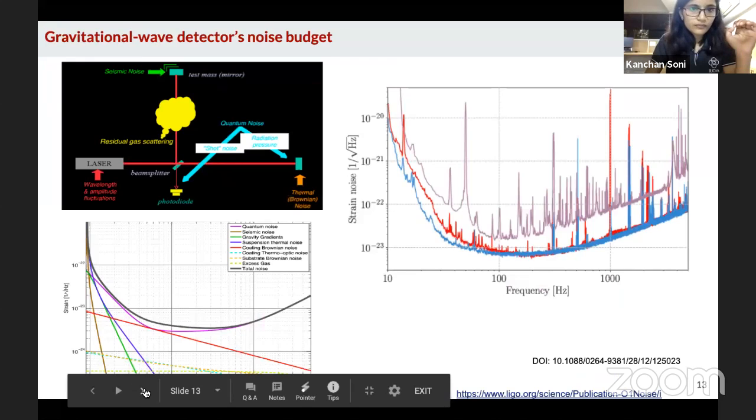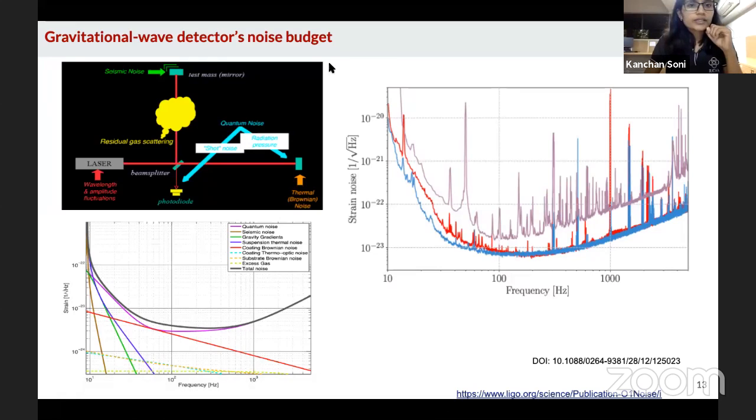Okay. Yes. So talking about gravitational wave detectors noise budget. So we saw that the gravitational wave detector has lots of components attached. Okay, we have laser, we have photodiode, we have mirrors attached, which are basically hanging from very tiny strings made up of glass.